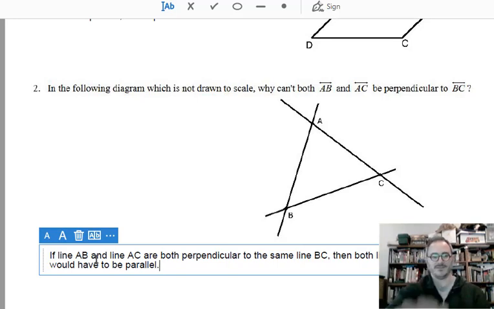All right. In the diagram above, line AB and line AC intersect.